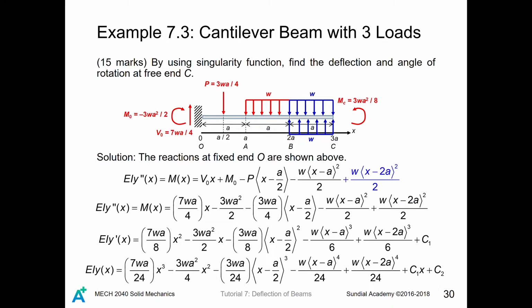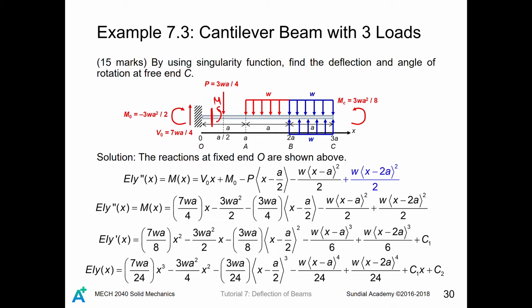In the first segment, we consider here. There is a moment. We've already got the support moment and the shear force at the fixed end by using our knowledge of statics. That is m0 equals minus 3wa squared divided by 2 and v0 equals 7wa divided by 4. What we are going to do is compute the moment for a cross section cut here.